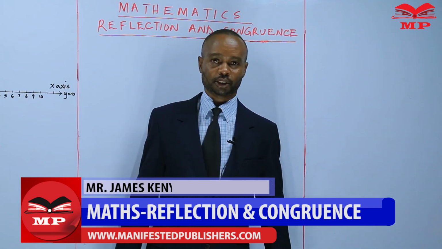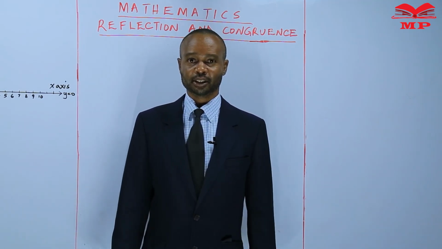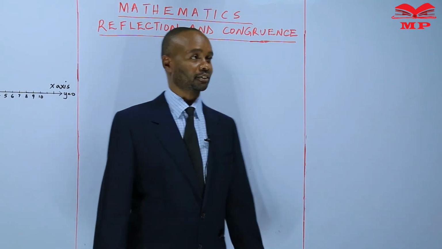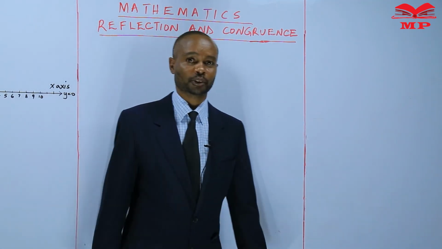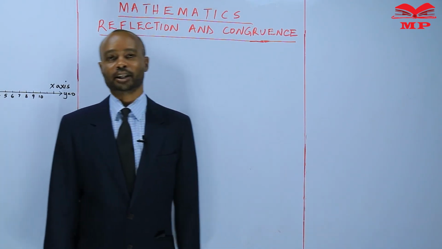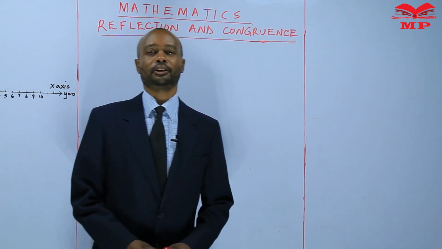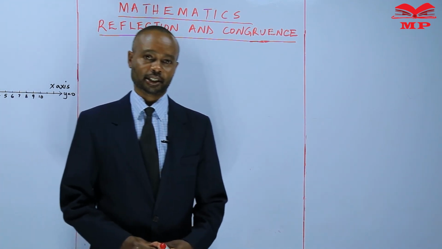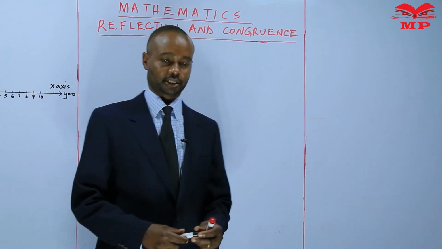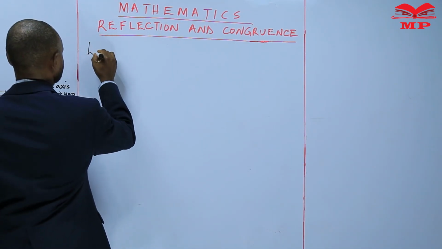Yet again we are continuing with our lesson on reflection and congruence. In the last lesson we looked at reflection in the y-axis. Today's lesson we are going to look at reflection in the line y is equal to x.